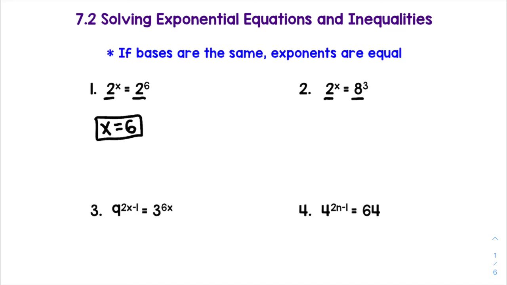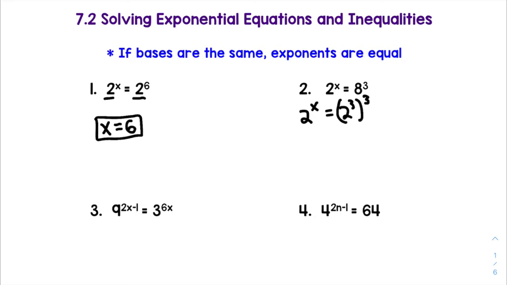I know that I can make 8 have the same base as 2, since 2 to the 3rd power is equal to 8. So we could rewrite this equation as 2 to the x equals 2 cubed, which is 8 cubed. I'm going to simplify, and if you remember a couple chapters ago, we were talking about the power property.